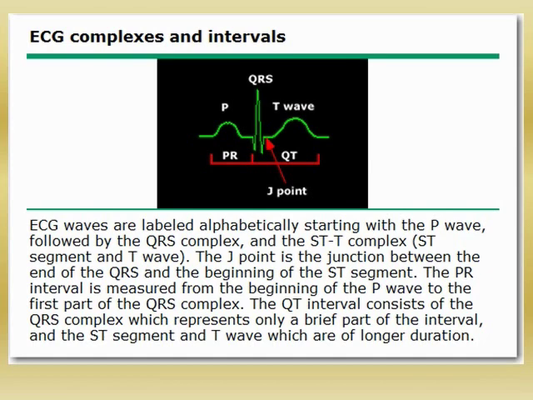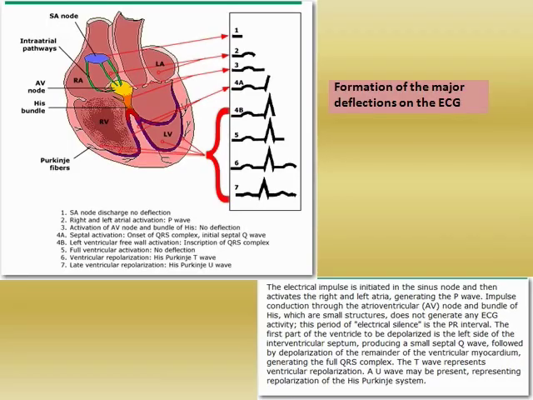The PR interval is measured from the beginning of the P wave to the first part of the QRS complex. The QT interval consists of the QRS complex, which represents only a brief part of the interval, and the ST segment and the T wave, which are of longer duration. The formation of the major deflections on the ECG is shown in the picture.